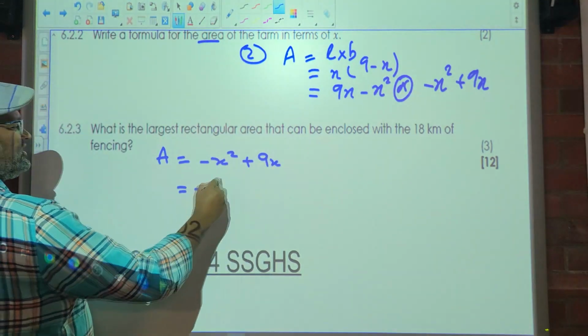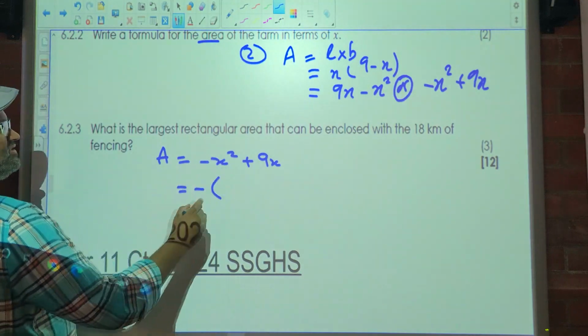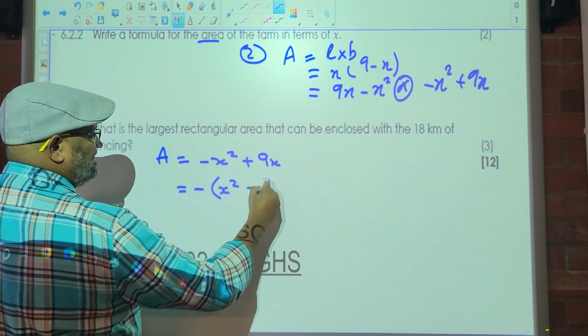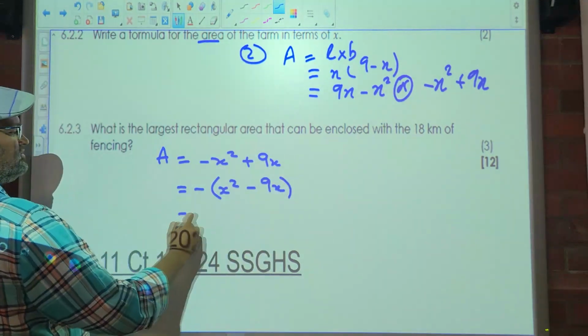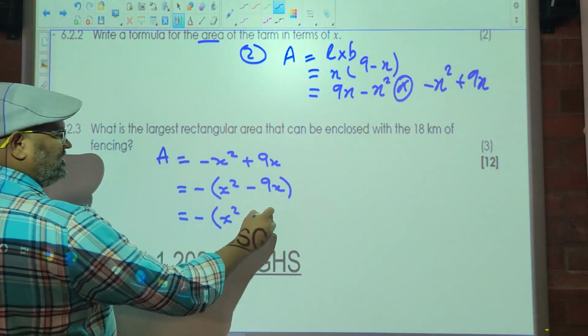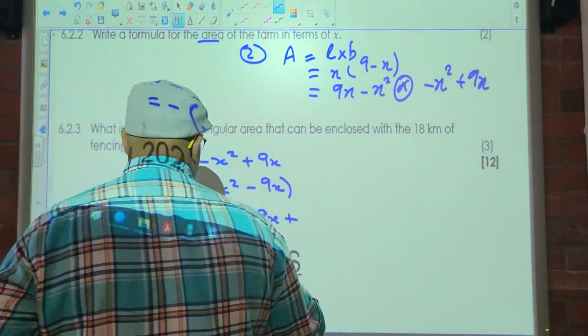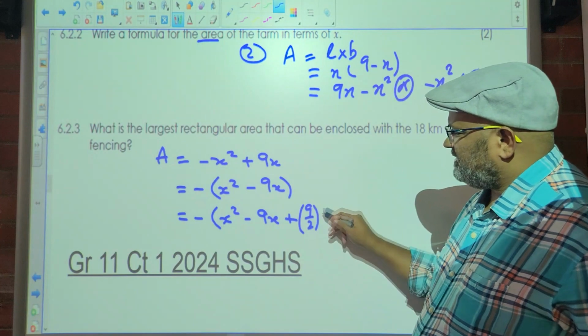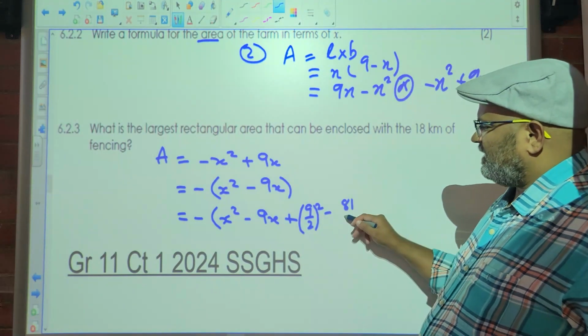To complete the square, first take out negative. I always want the 1 in front of x squared as the coefficient. So it's going to be negative, x squared minus 9x. We ask ourselves, okay, what must be added to complete the square? It's going to be b times half, which is 9 times half. It's 9 over 2, and it must be squared. So it's 81 over 4.